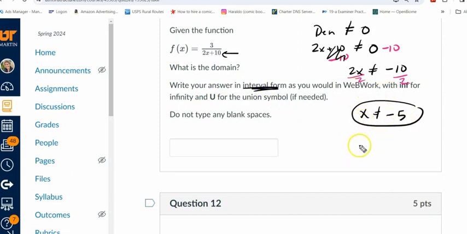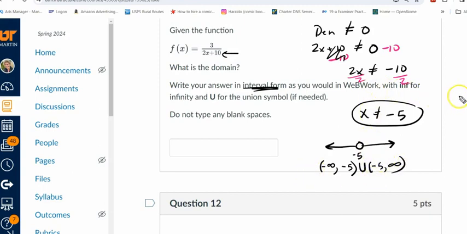So if x is not equal to negative 5, then on the number line, you want everything except negative 5. If I read the number line off from left to right, then I'm coming in from negative infinity, coming up to, but not including negative 5. Then I have to jump over and continue on past negative 5.